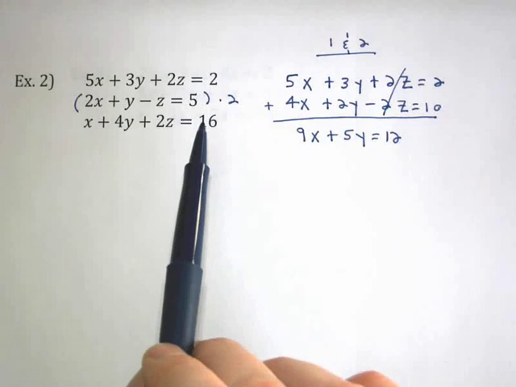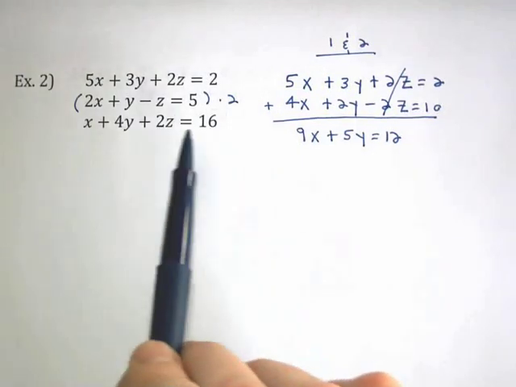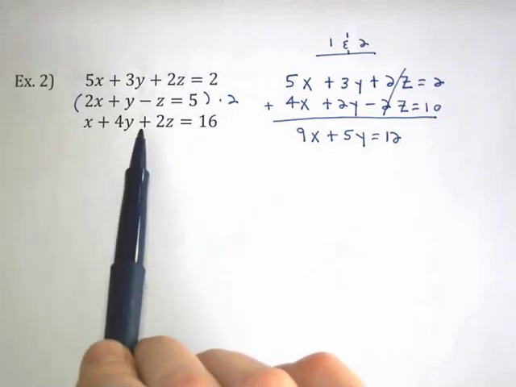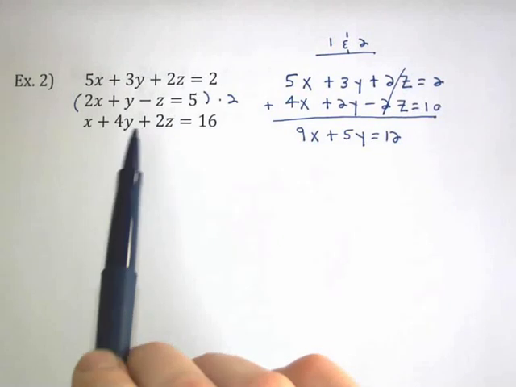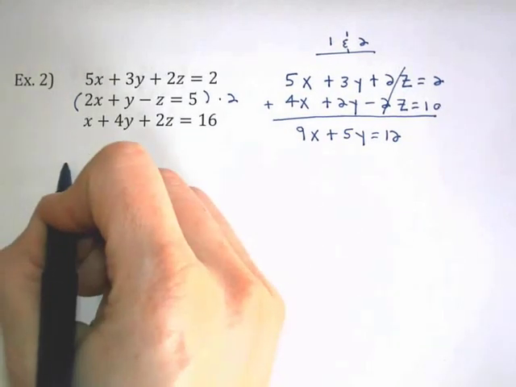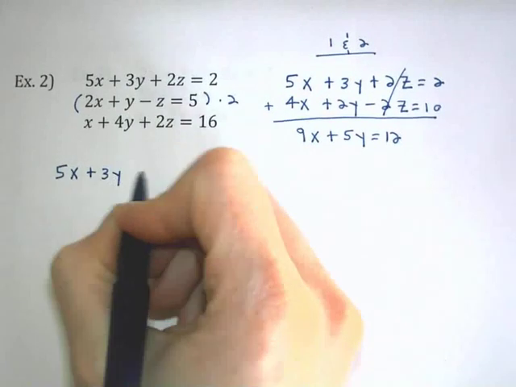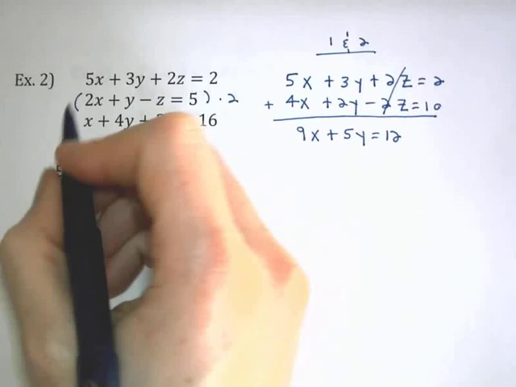Now I'm going to choose to use equation 1 and equation 3. And what I'm going to do is just multiply this entire third equation by -1, because that will change this to a minus 2z, and I'll be good to go. So I'm going to start once again just by kind of rewriting the very first equation, because I'm using it and I'm not changing it.